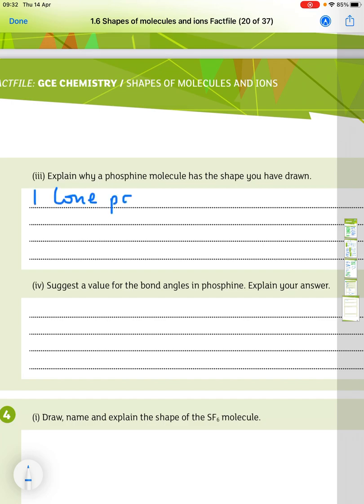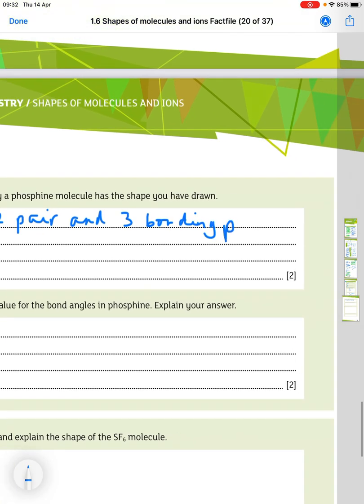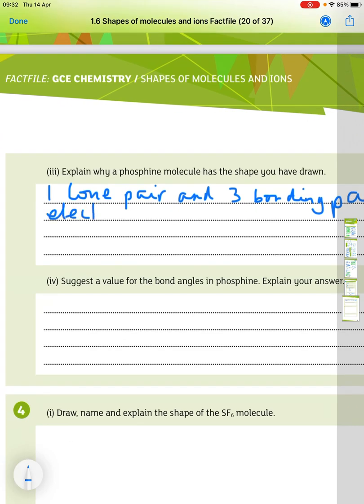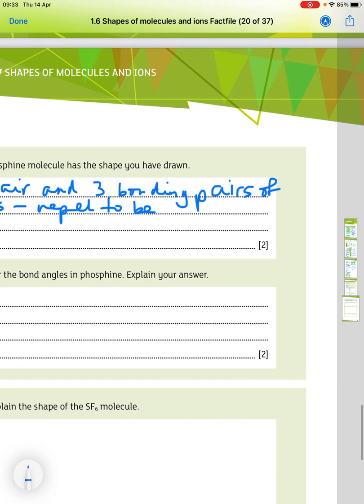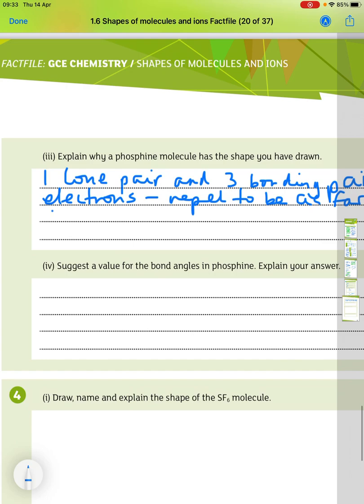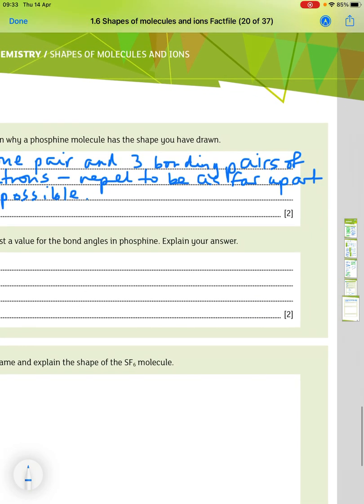So we have 1 lone pair and 3 bonding pairs of electrons, and they repel to be as far apart as possible. And so that's for 1 mark.